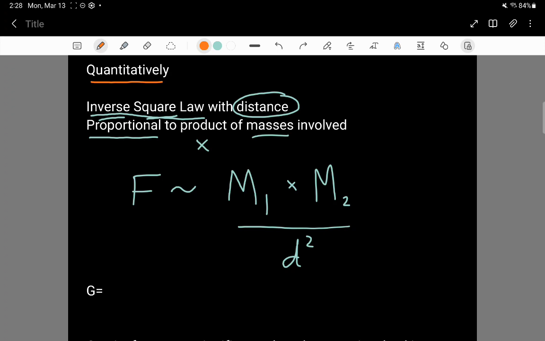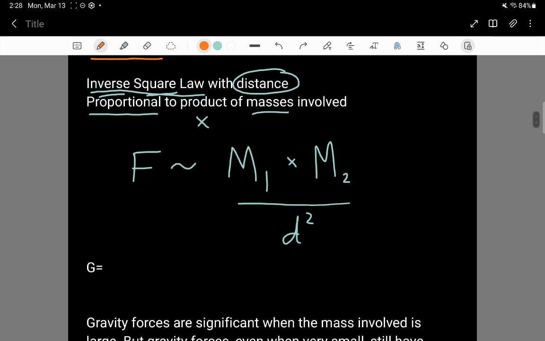Okay, so this right here is not an equal sign. The way that this quantitative rule gets drawn as an equal sign goes like the following. It's equal to a constant called capital G multiplied on the product of the masses divided by the distance between the objects squared.